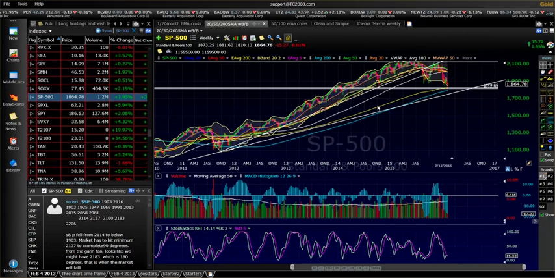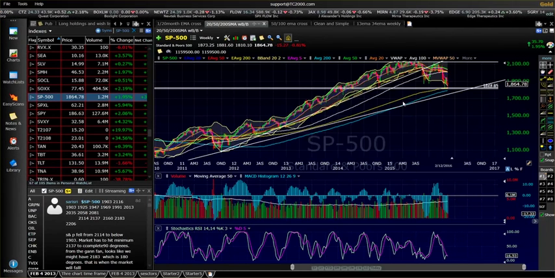When you have multiple indicators that all align at the same point, that makes that area of support or resistance even more significant.